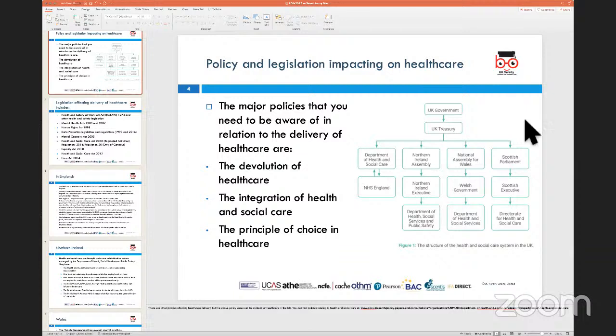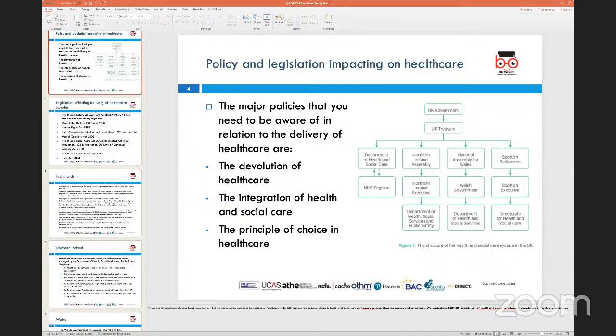When we look at the UK government and the Treasury, and then the Department of Health and Social Care, you have NHS England, the Northern Ireland Assembly, because these are four devolved nations under the United Kingdom, the National Assembly of Wales and the Scottish Parliament or Holyrood. Here is where legislation typically gets developed, passed and agreed in the Parliament.